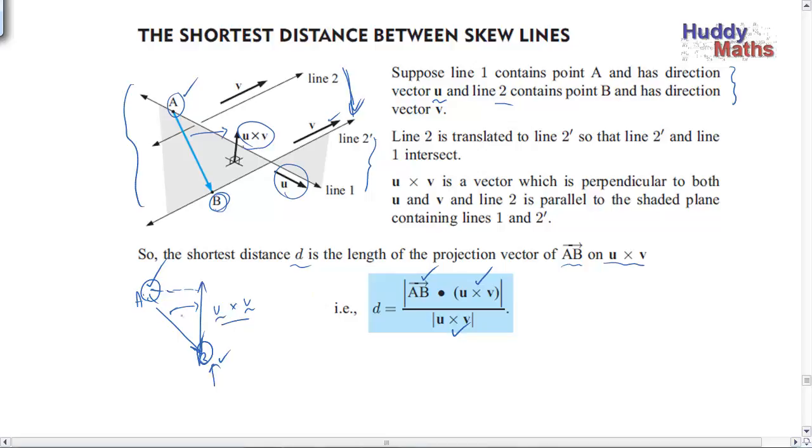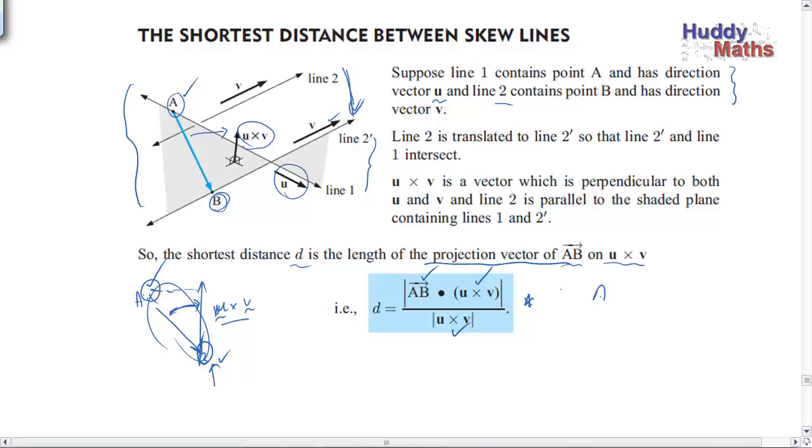And what you're interested in is where you're standing up the perpendicular vector. Okay, so that's trying to give you some picture of why this works. This is actually the projection vector of AB in the perpendicular direction.